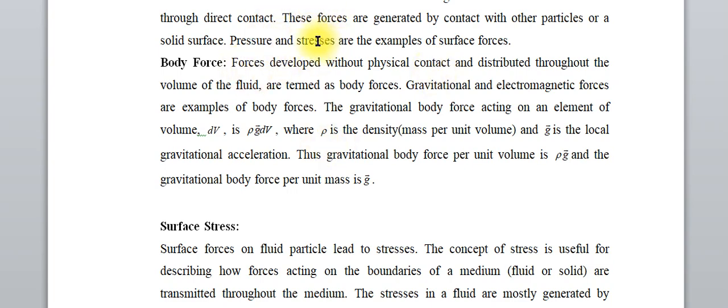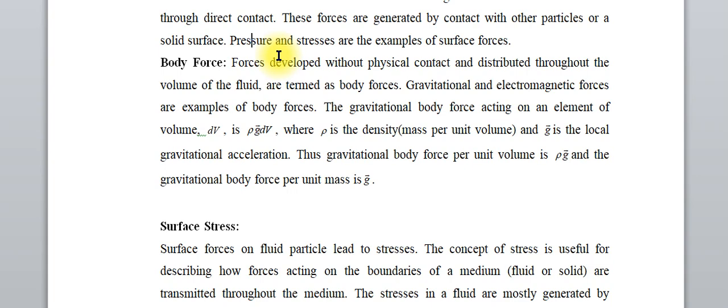Stresses are surface forces. But at the same time, for example, if the fluid is electrically conducting, then gravitational or magnetohydrodynamic force will be applied uniformly to the fluid, and that is called body force.